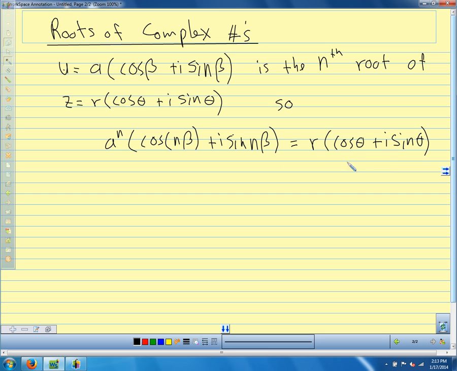If we compare the parts, that tells me that a to the n has to be r, or a equals the nth root of r. And if we look at our angles, then beta has to be theta over n.